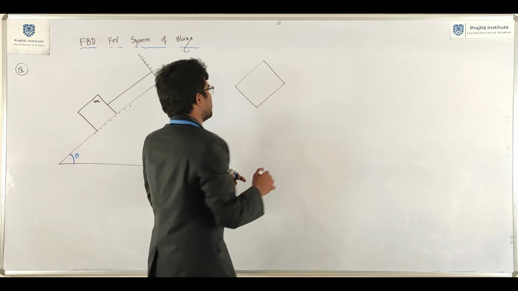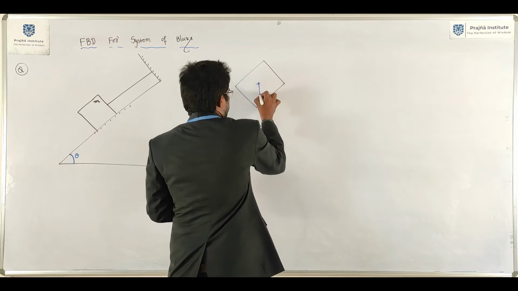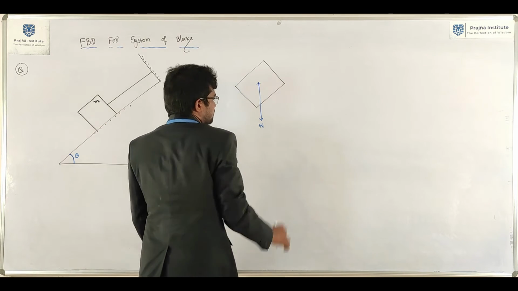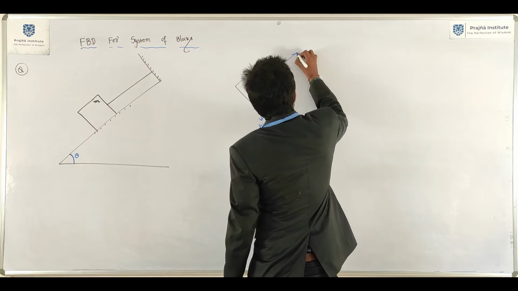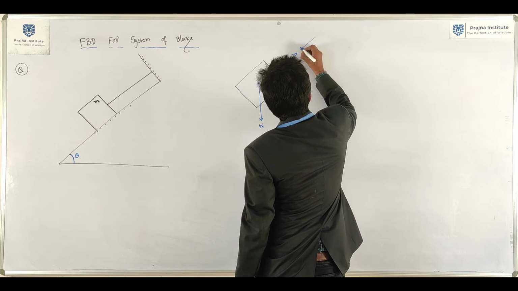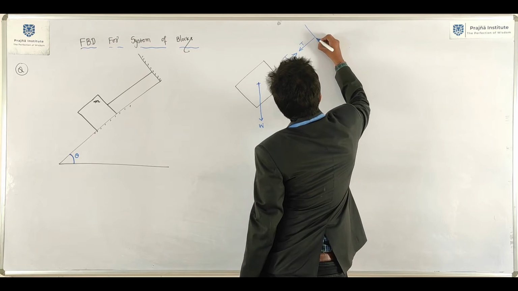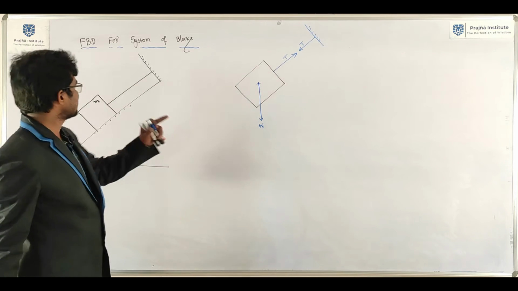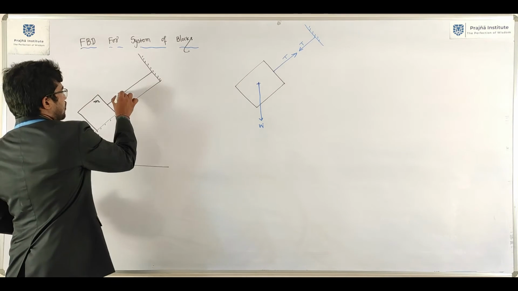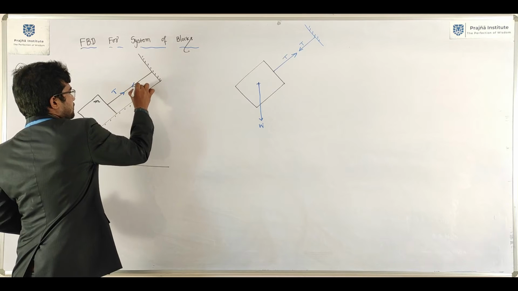So what is our statement? Weight always acts in the vertically downward direction. Tension in the string: tension always pulls the body, and another tension will be acting on the floor. So tension always pulls the block.